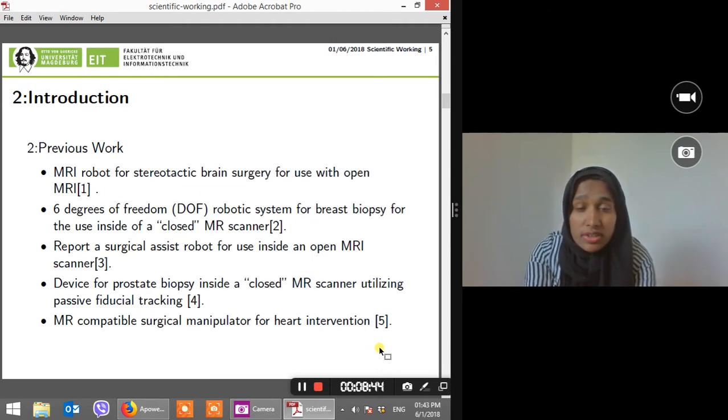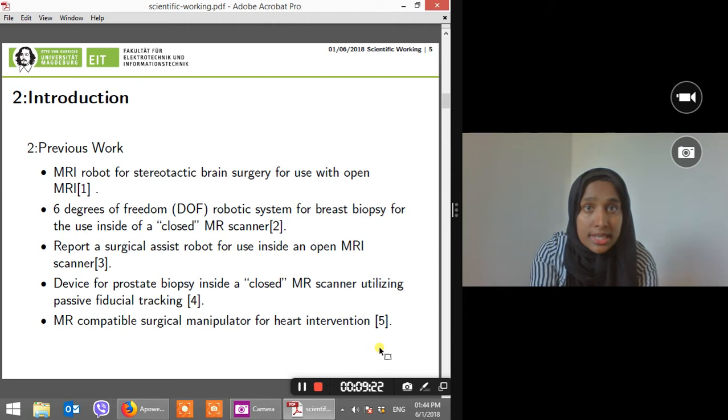In the previous work, there were a couple of manipulators that were designed previously. One of them was an MRI robot for brain surgery, and then there was a 6 degree of freedom robotic system for breast biopsy that was used for a closed MR scanner. Keep in mind that in our paper it is also a closed MR scanner. Then a surgical assist robot for use inside an open MRI scanner, a device for prostate biopsy also utilizing passive fiducial tracking.